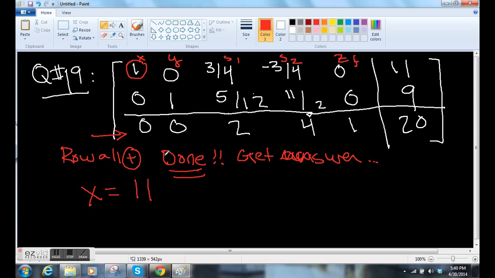We have a 1 here, 1 in the x column, and the 1 corresponds to this one there. That tells us the solution is x equals 11, because there's 1, 0, 0. That means 11. For y, notice there's a 1, 0, 0. That tells us that for y, the solution is 9.